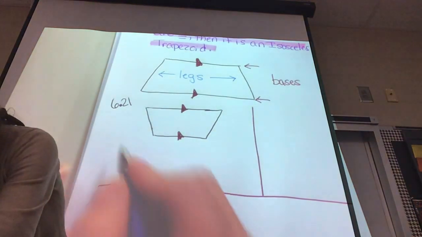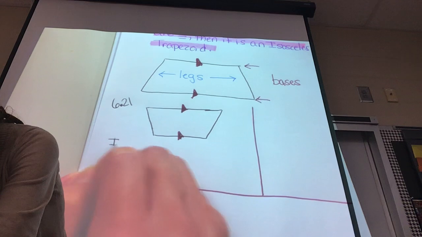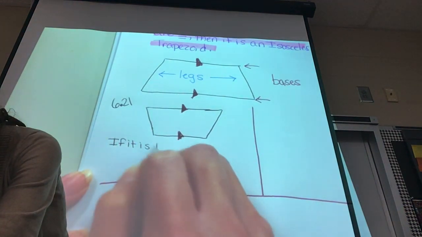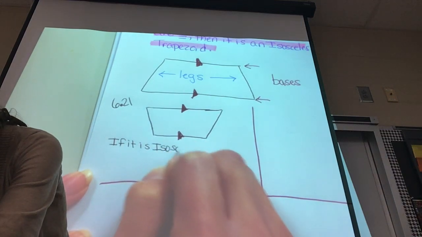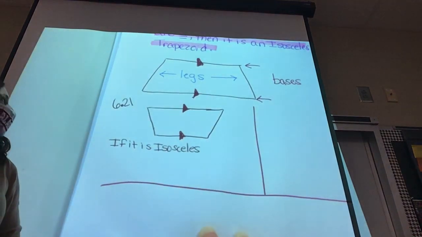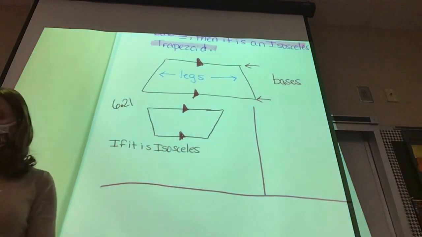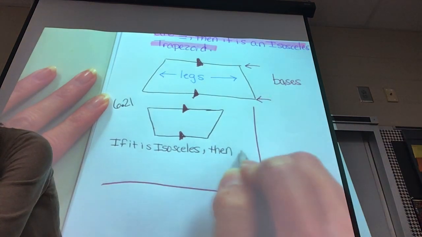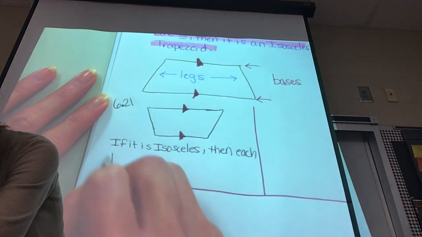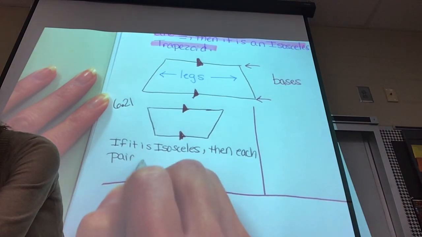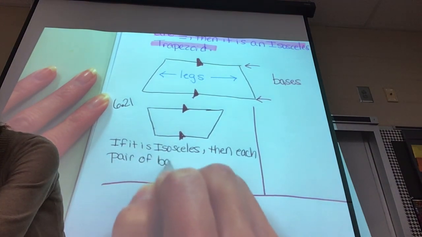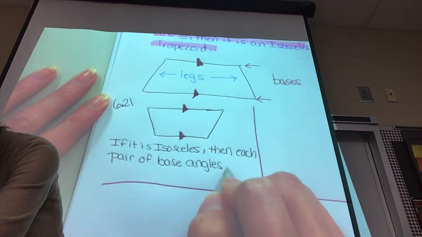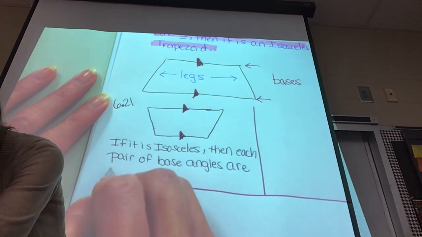So, okay, so I wrote, if it is isosceles, then each pair of base angles are congruent.